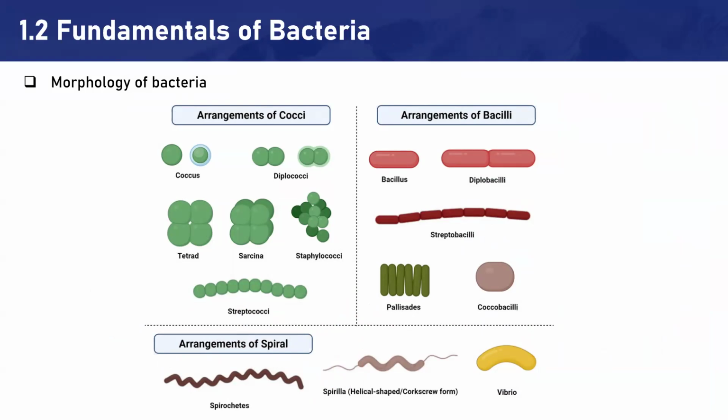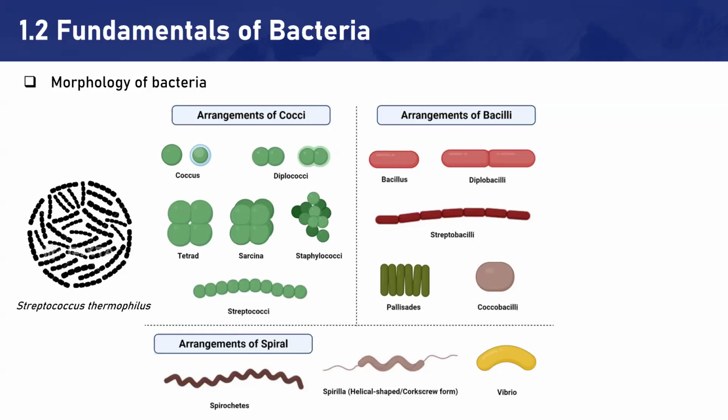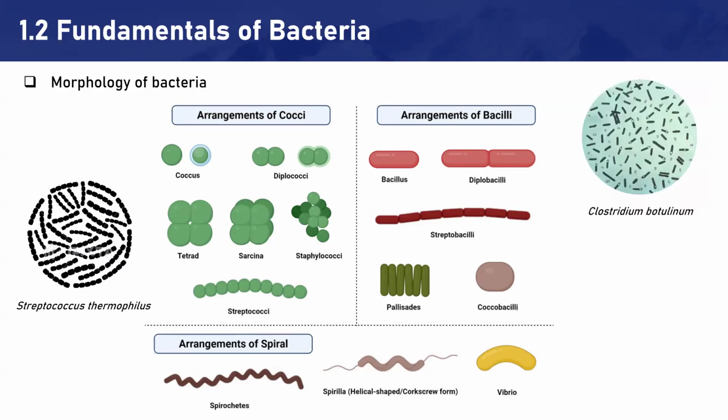Cocci bacteria can arrange as coccus, diplococci, or streptococci. A very common bacterium is Streptococcus thermophilus, a useful bacterium for yogurt fermentation, which has streptococci morphology.